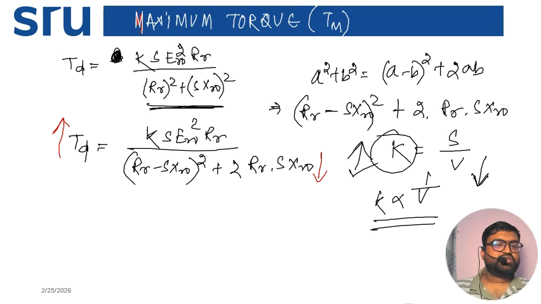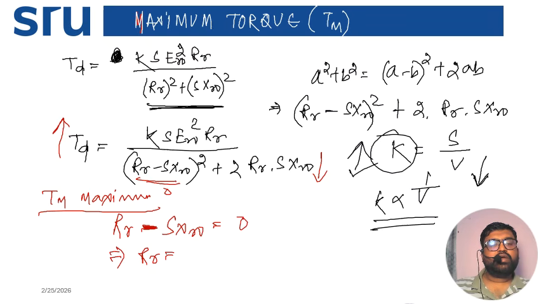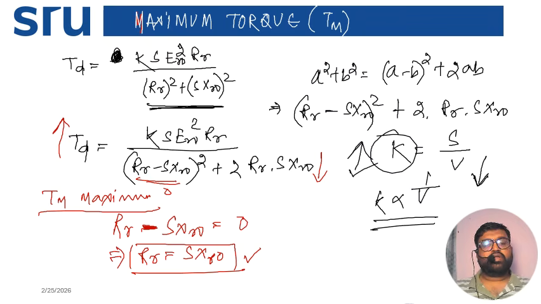I am talking about the maximum torque condition. How to get it? When the denominator becomes less, if I make this term equal to 0, then Rr minus S into Xr0 equals 0. Can I get Rr equal to S Xr0, right?